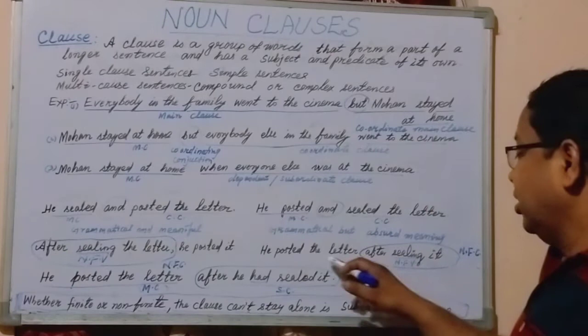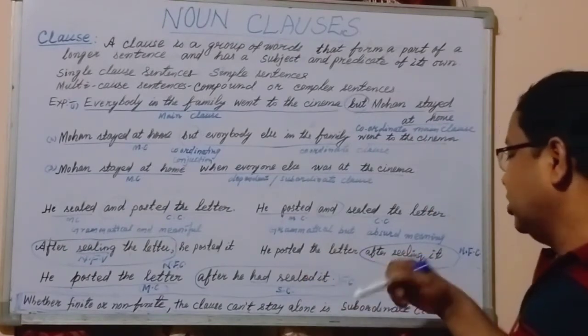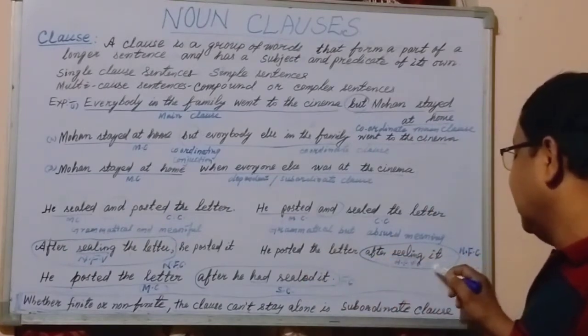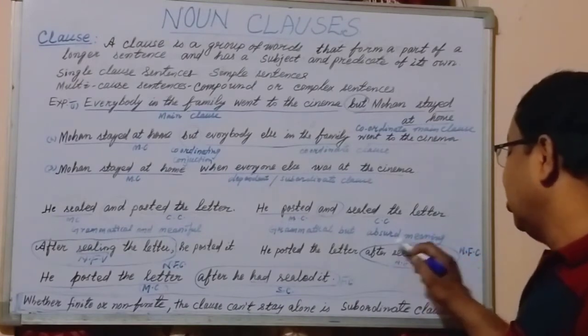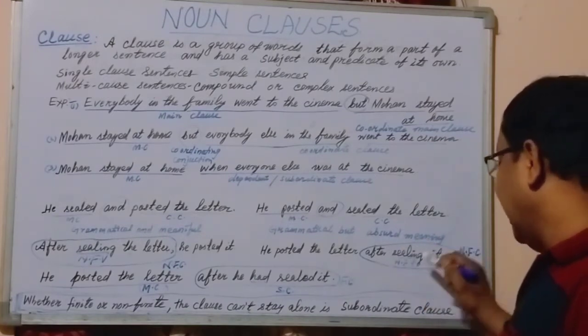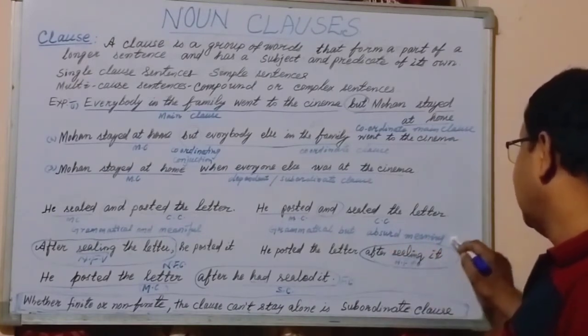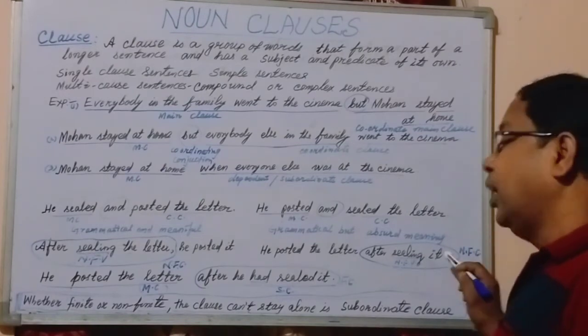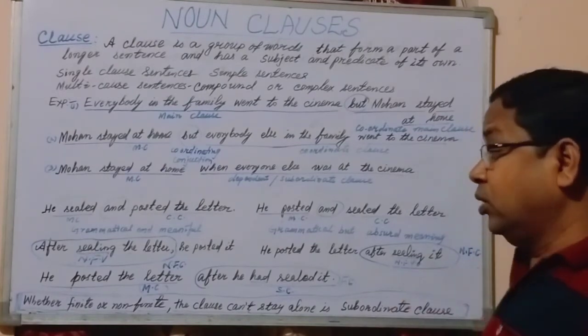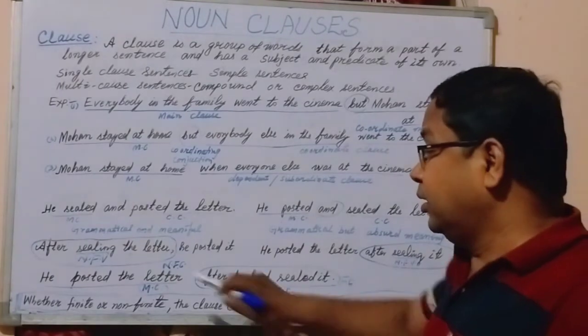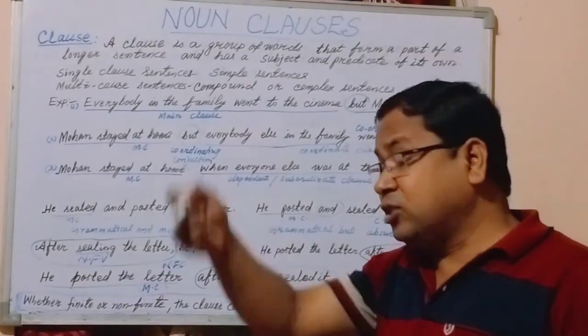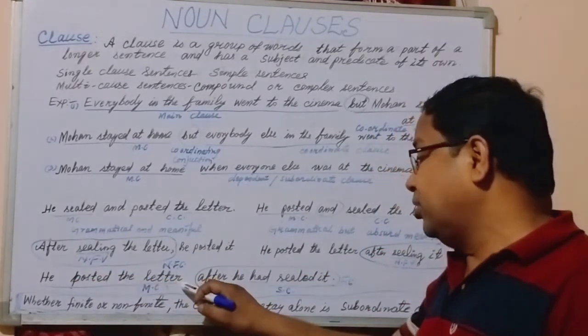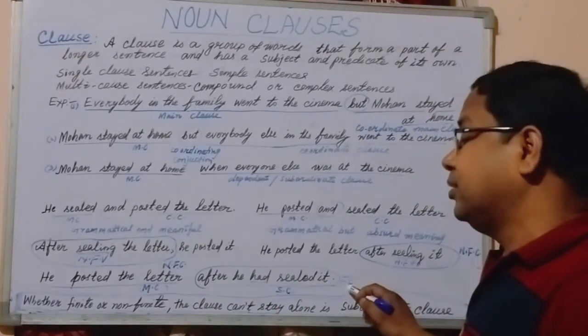Likewise, in the next sentence also the same thing, after sealing it. This sealing is your non-finite verb, hence after sealing it is a non-finite clause. But let us see the last sentence. He posted the letter after he had sealed it.